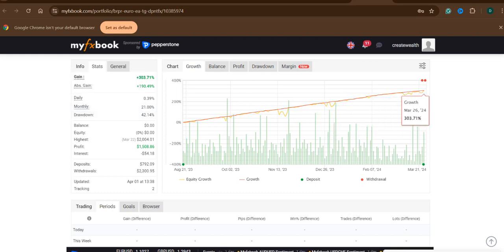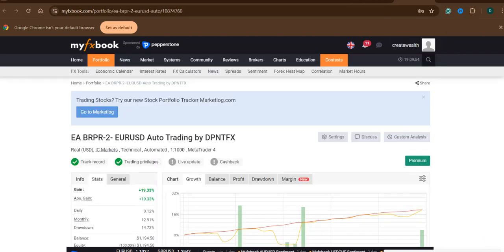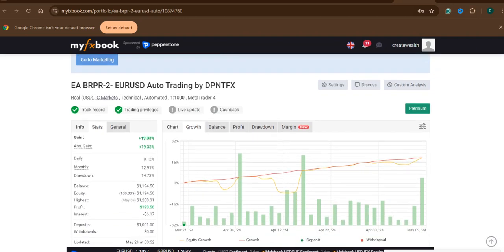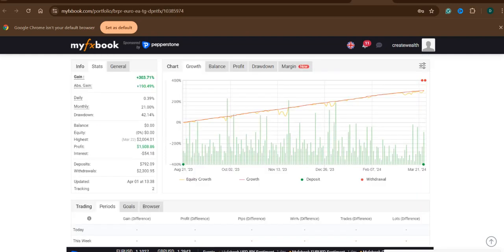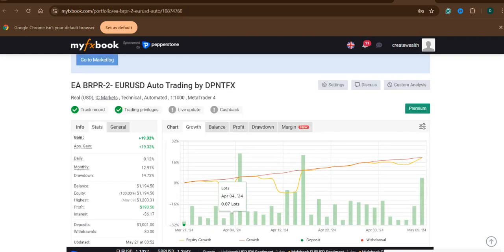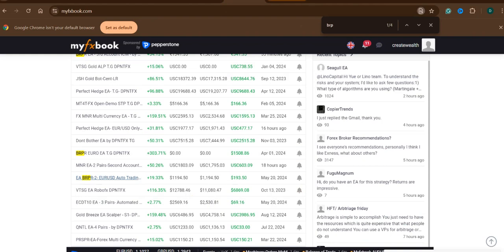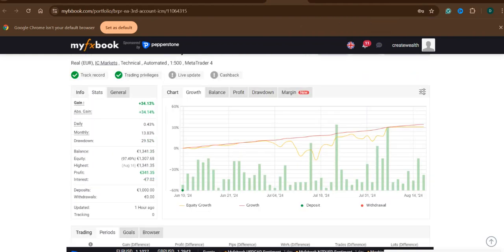Okay, and this one also I think we traded for just a month or so, from March 27 to May 9. So you can say from March 21 we traded on this account, then from March to May we traded on this account, then from June we traded on this account, then from June onwards you can see this particular account.